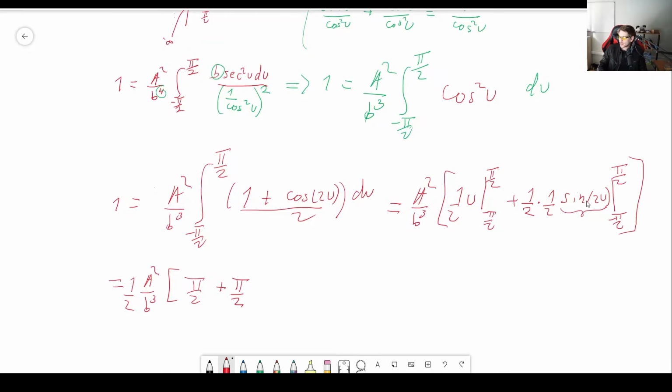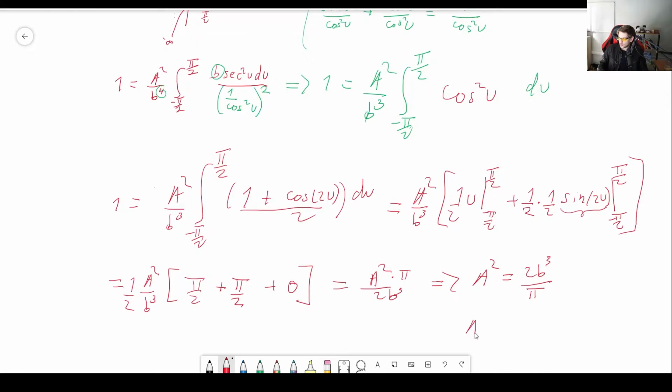And also sine of minus pi, which is also 0. So then we have plus 0. So this right here is pi, right? Pi over 2 plus pi over 2. So we get a squared times pi divided by 2b cubed. So from this, a squared is going to be 2b cubed over pi.